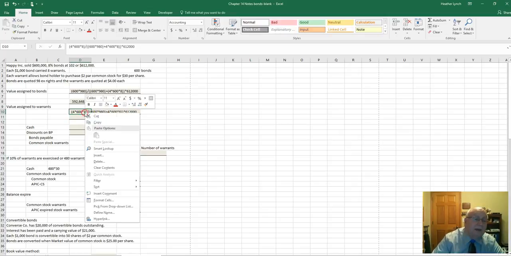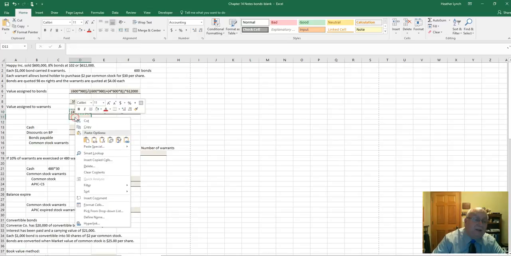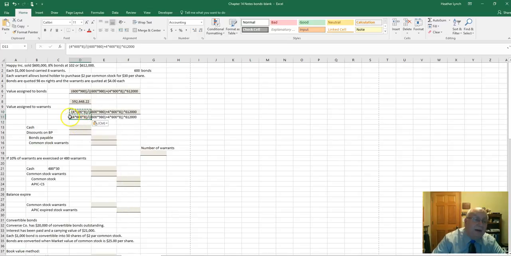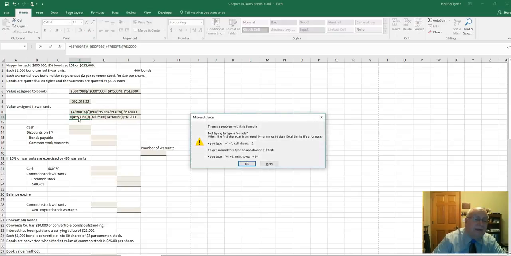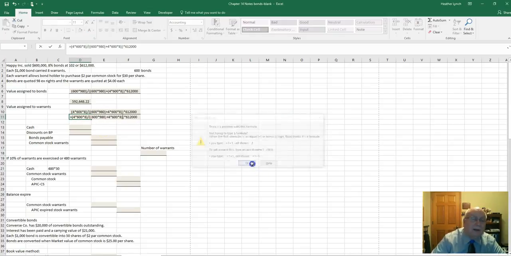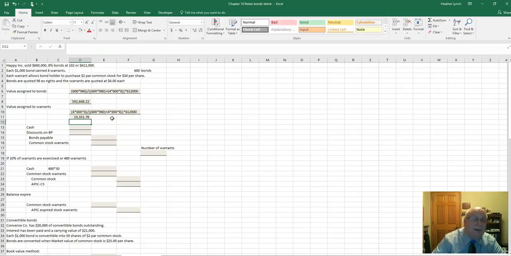So we copied and pasted down here, and put an equal sign in front of it. Oops, what did I do? Oh, I forgot the parenthesis there. So let's go up here and fix it. We have the parenthesis in there, so we can just copy it. Okay, there we go.